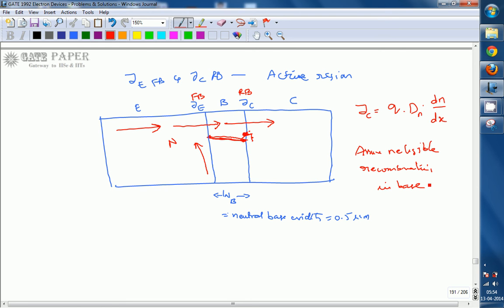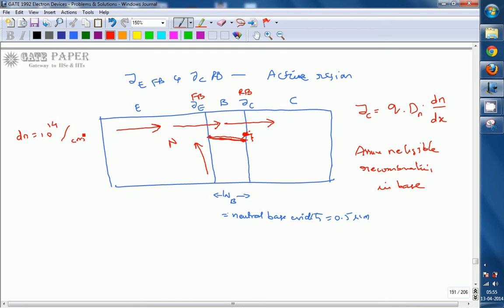So the change in electron concentration from the start of the base to the end of the base is the same number of electrons, which is given as 10 power 14 per centimeter cube.